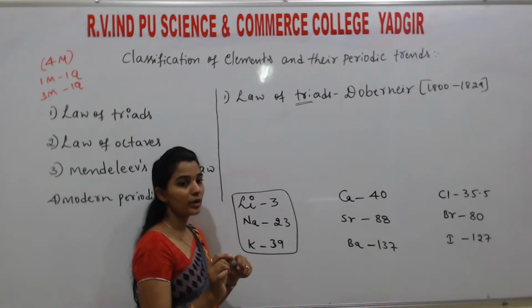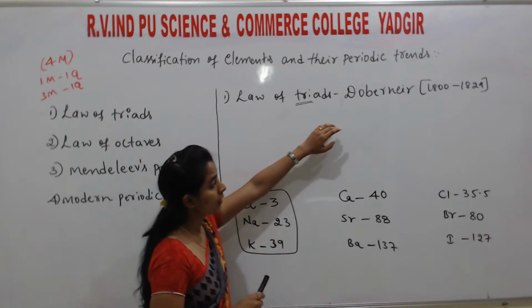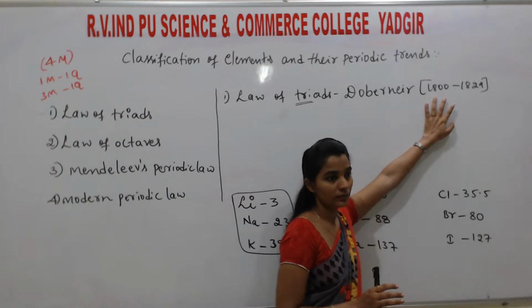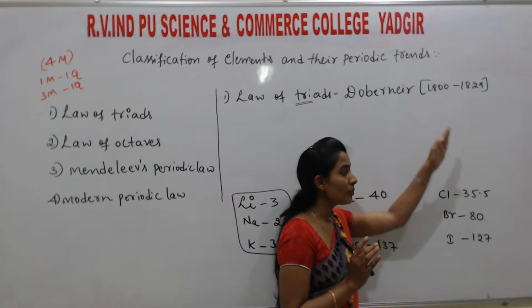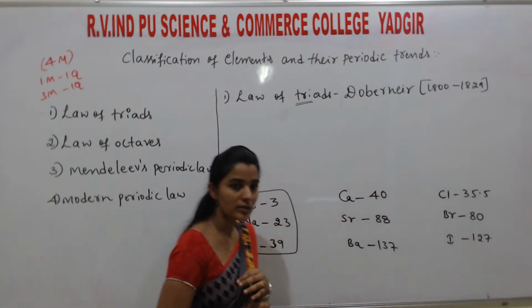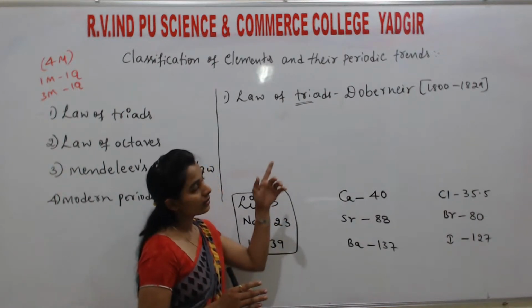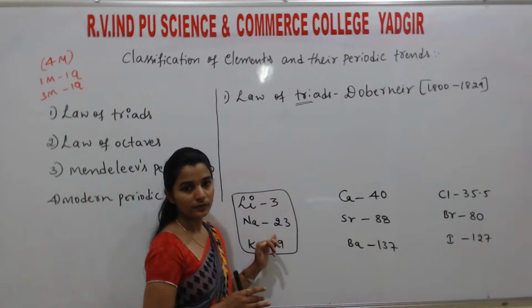Why is atomic number not yet considered here? Because in this era, electrons were not yet discovered. Protons and neutrons were discovered. The atomic mass is the sum of protons and neutrons. That's why they are not going to consider the electrons here.